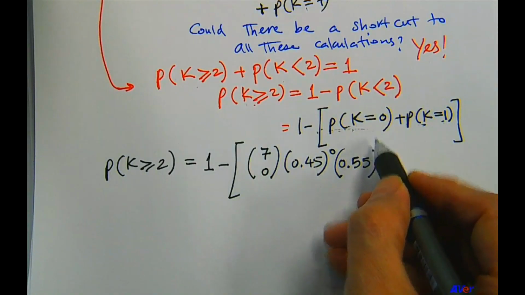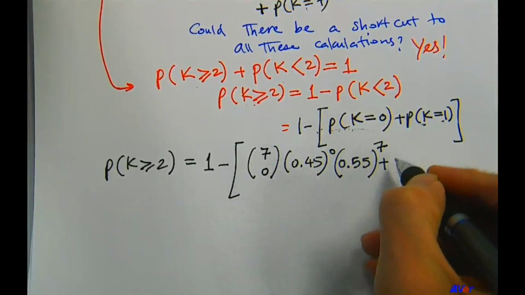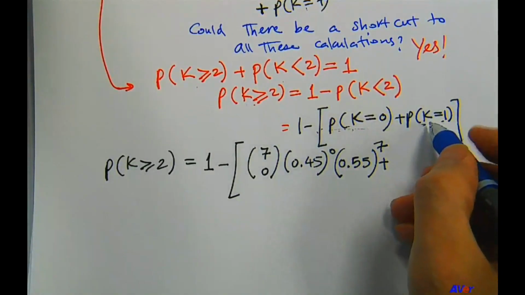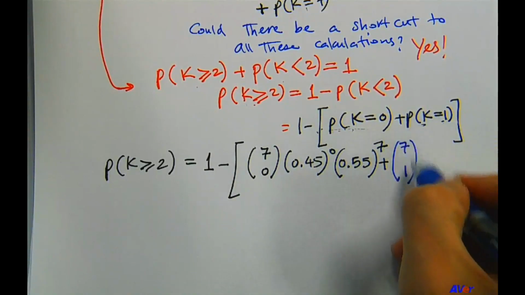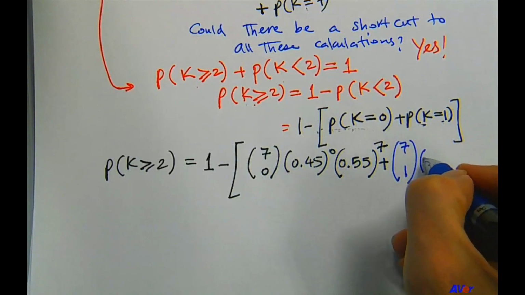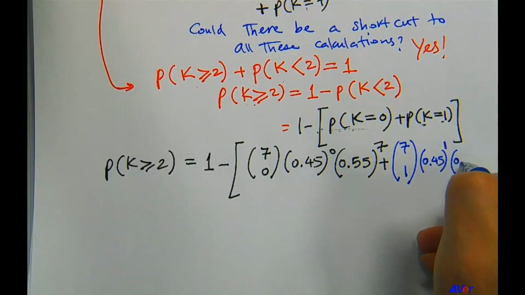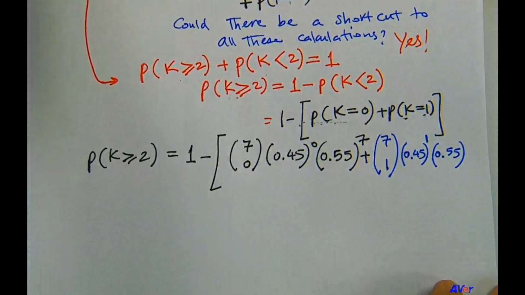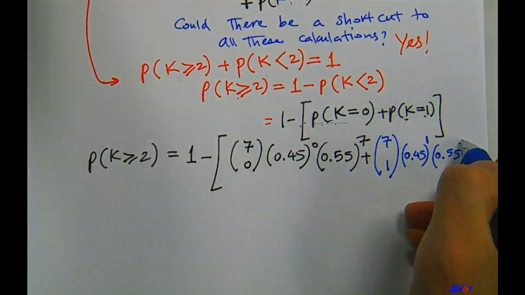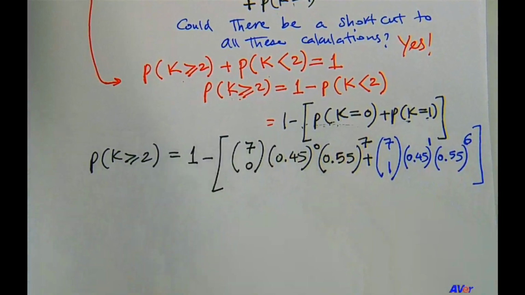It's n minus k, so 7 minus 0, 7, plus the next one. Now 7 choose 1, k is 1: 7 choose 1 times 0.45 to the first power times 0.55, and this power, what should it be? 7 minus 1, 6. And we can close the bracket.